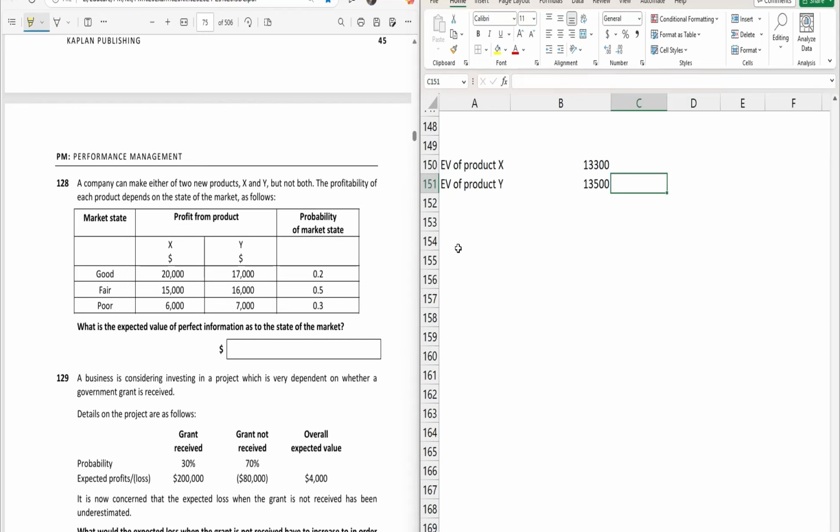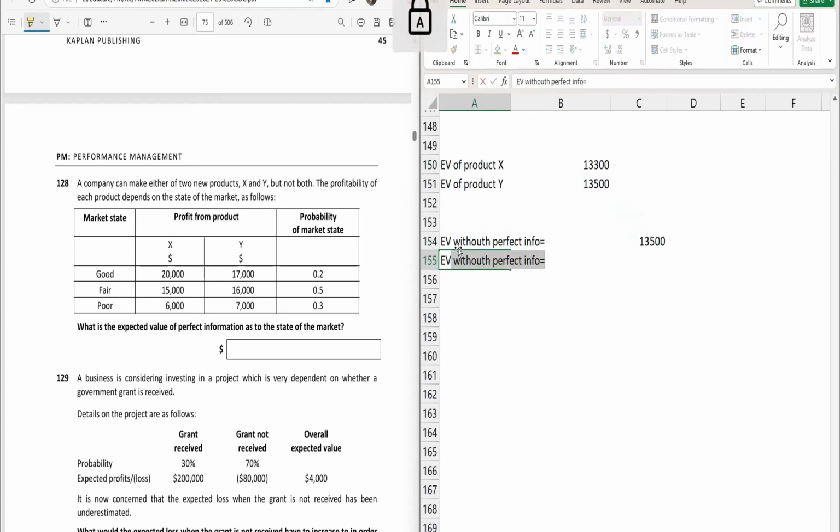So the expected value without perfect information is 13,500, and the expected value with perfect information is 20,000 into 0.2, plus 16,000 into 0.5, plus 7,000 into 0.3. This is the value of the expected value with profit information.